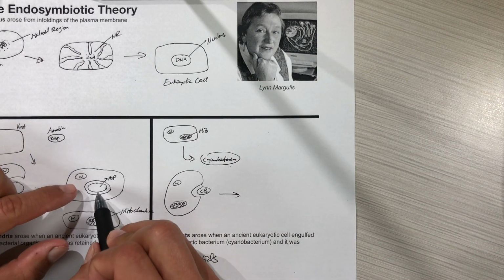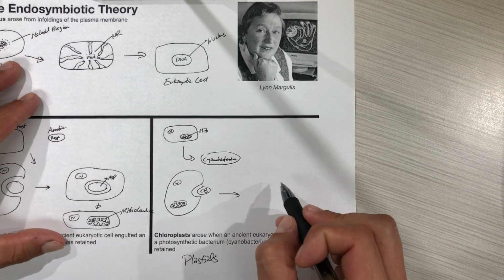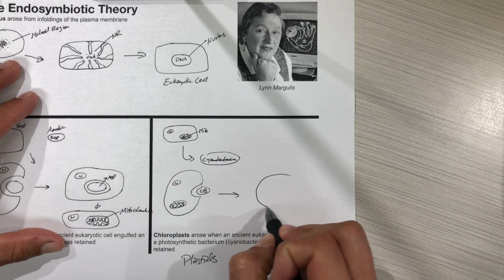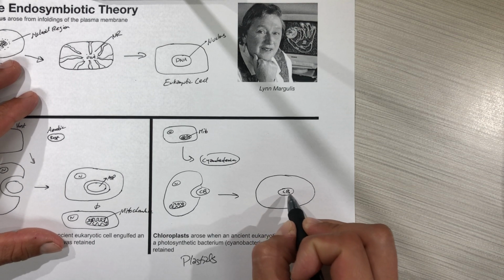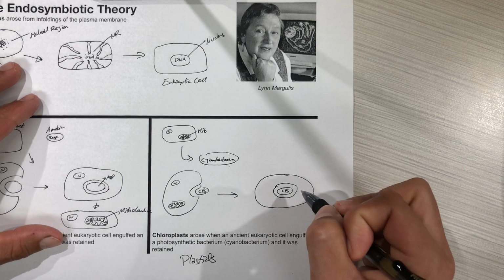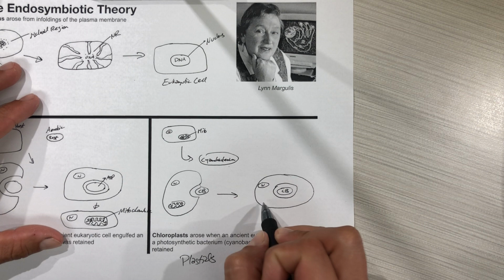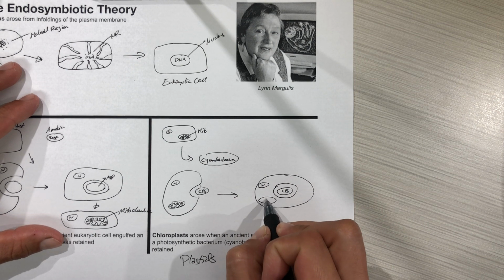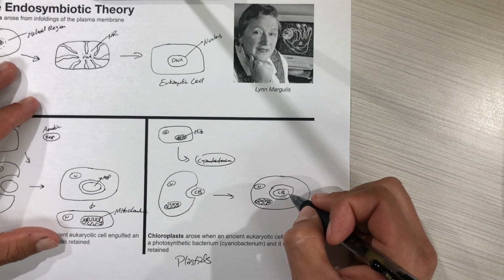And just like we saw over here, every time you have a phagocytic event, you're going to add a membrane onto the thing that becomes engulfed. And so our eukaryotic cell is now going to have that cyanobacterium inside of it, but the cyanobacterium is going to be surrounded by another membrane. This membrane is from the host, and we've got our nucleus, and we've also got the double membrane-bound organelle of the mitochondria that's over here, and so it would have absorbed this cyanobacterium.